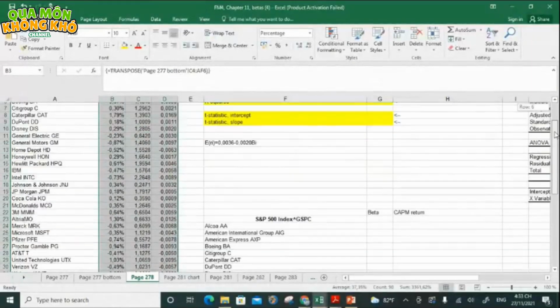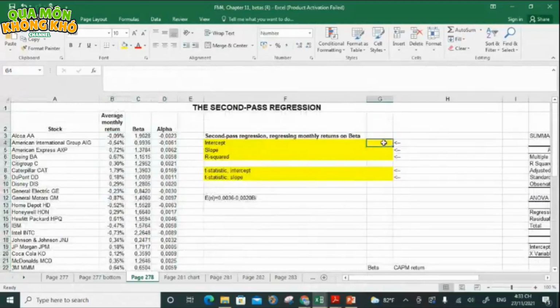Here. So now we will examine the hypothesis by regressing the mean return on the betas. Here's the intercept.